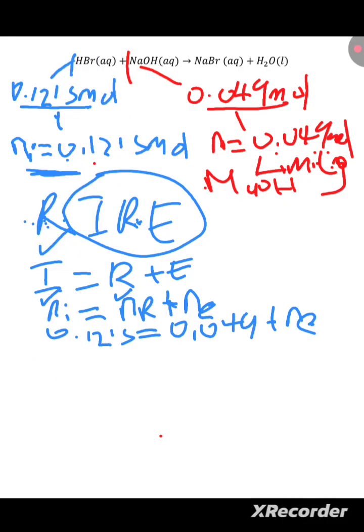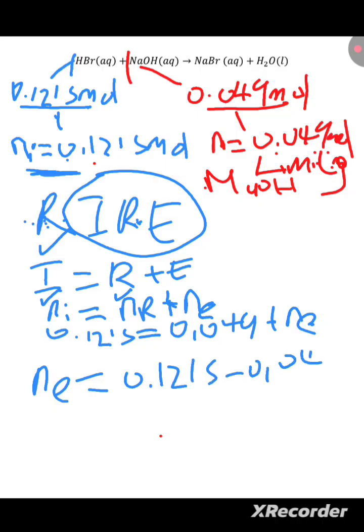What is the answer to that? So the number of moles that are in excess is equal to 0.125 minus 0.049, and that will give us 0.0725 moles of HBr.